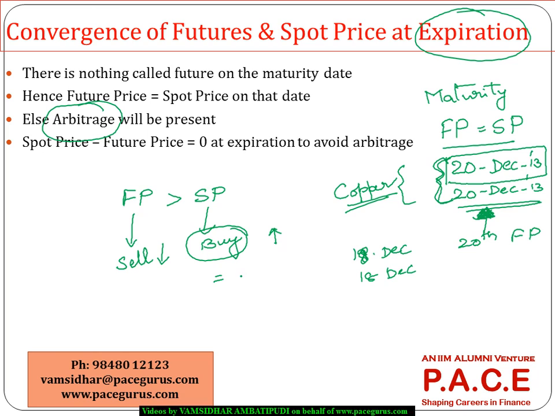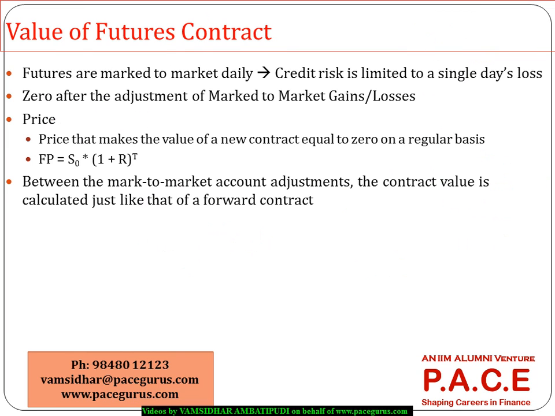So we can very safely assume that on the expiration date, the futures price will be equivalent to the spot price. That is what we mean by the statement that the futures price and the spot price converge at the expiration date. Alright, that's one major concept we have to be comfortable with.